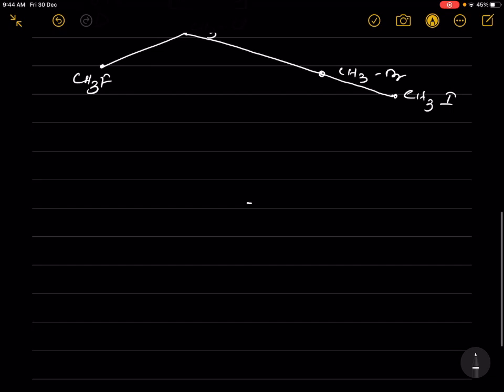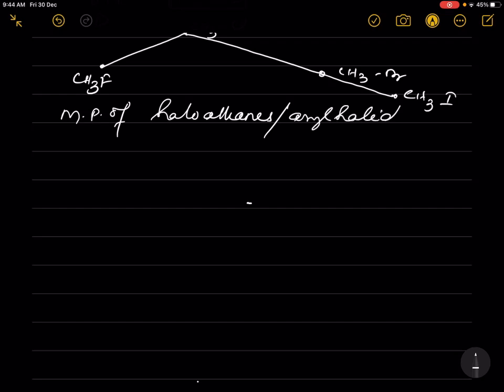Then methods of preparation of haloalkanes and aryl halides. Let us start. From alcohol and halogen acid.